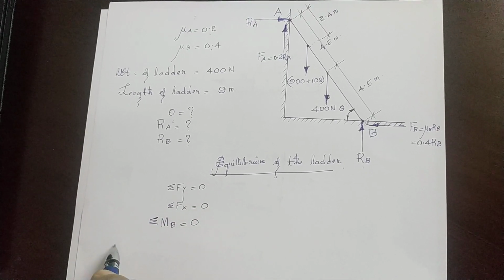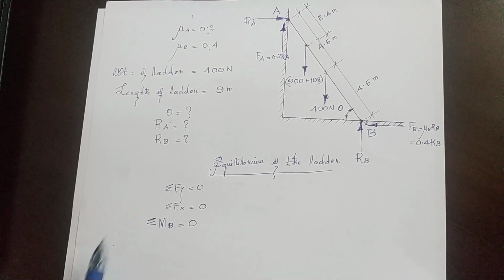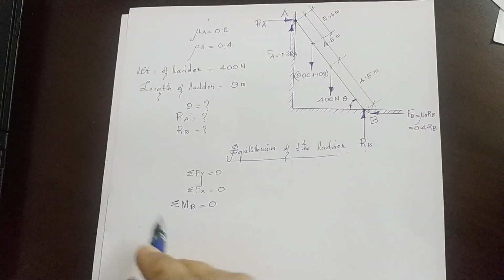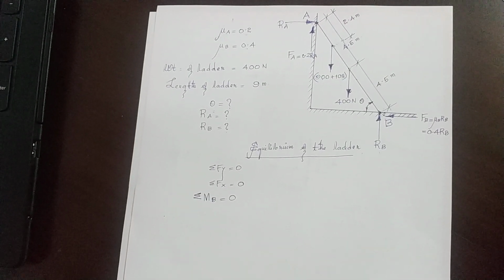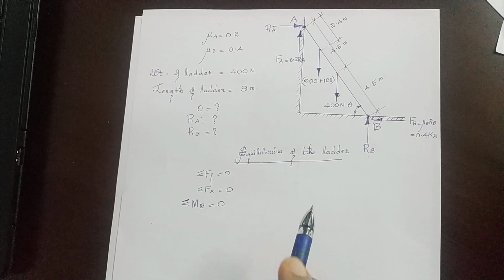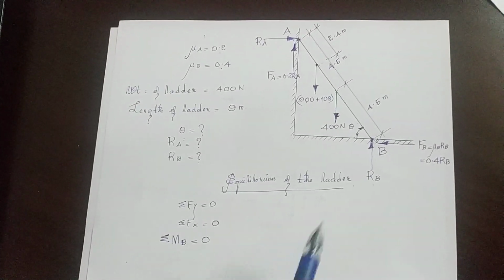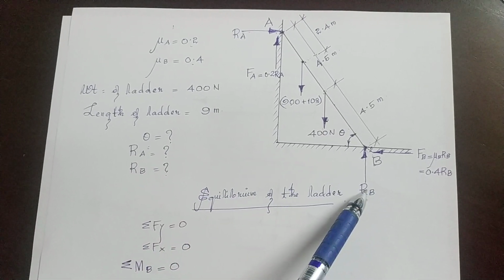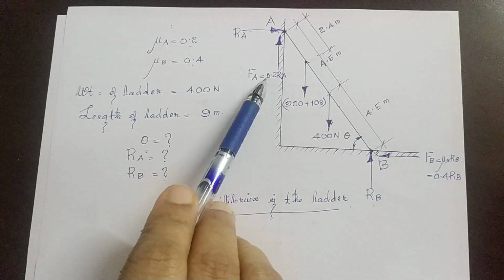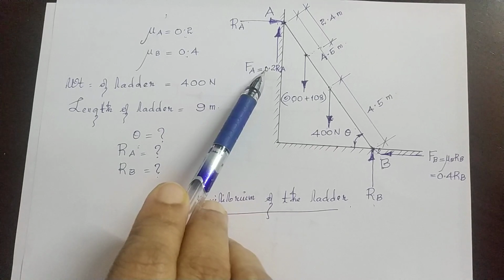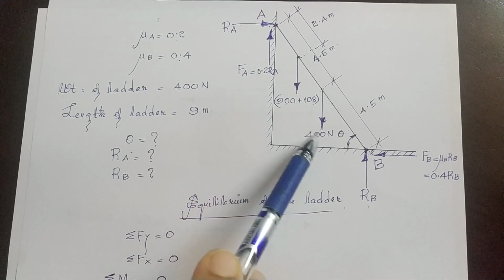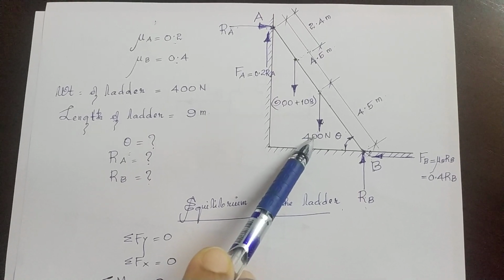Now let's consider the first condition, sigma Fy is equal to 0. Consider all the forces acting vertically in the system. Let's take all the forces acting upwards as positive and downwards as negative. Now look at the figure. What are the forces acting upwards? RB is acting upwards. FA is also acting upwards. 900 plus 108 is acting downwards, and 400 is also acting downwards.